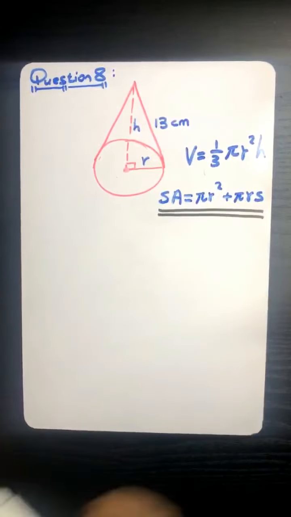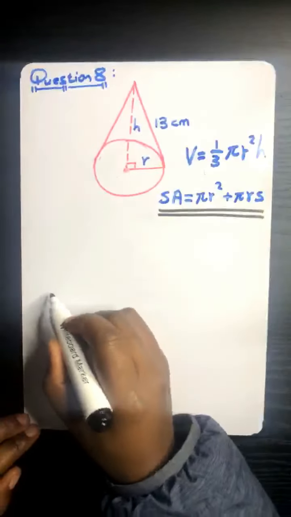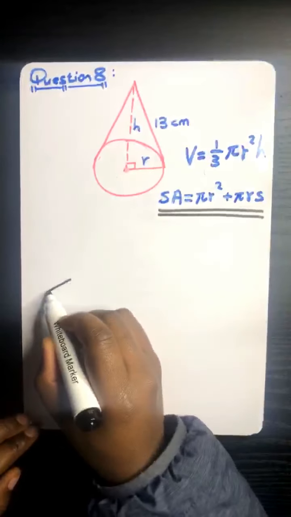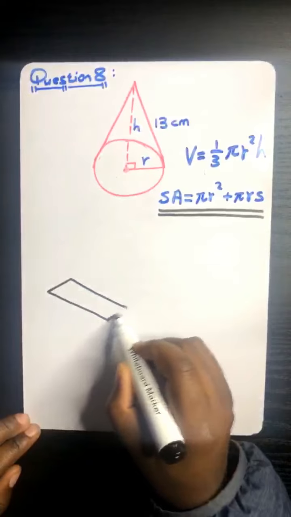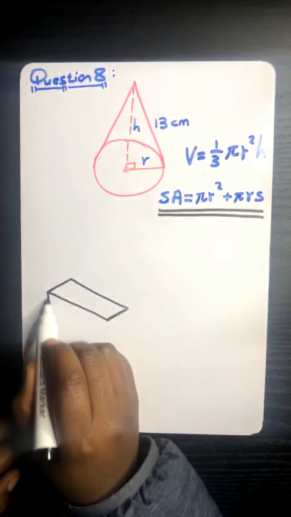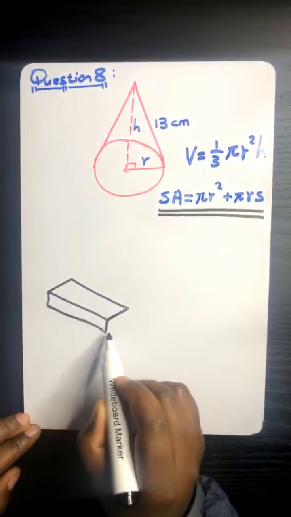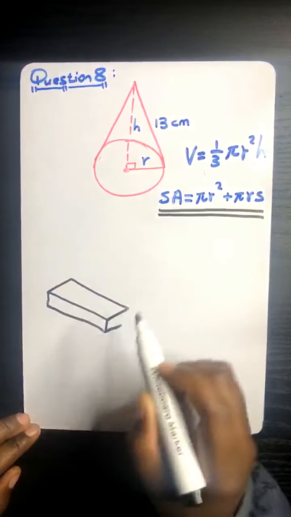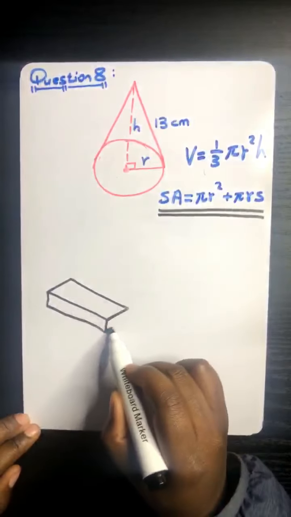I'll try to draw a rectangle in 3D. There. This is someone's lunchbox. Tumi's lunchbox looks like this.